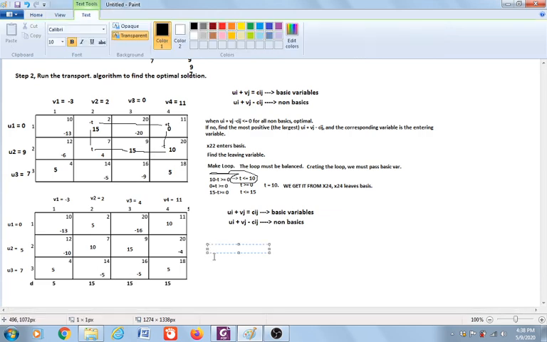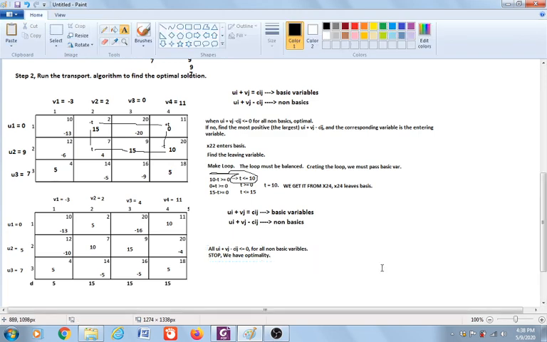So all ui plus vj minus cij are less than or equal to 0 for all non-basic variables. When this happens, we need to stop. We have optimality. We have the optimal solution now.